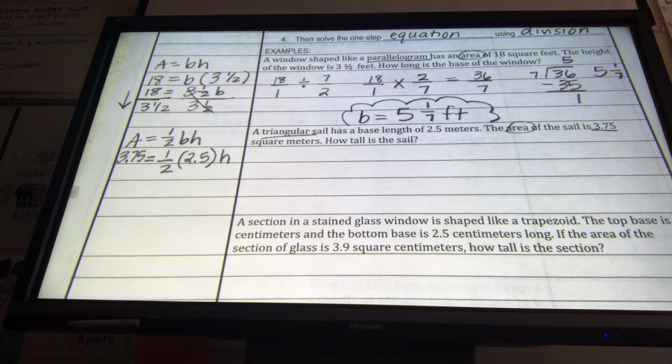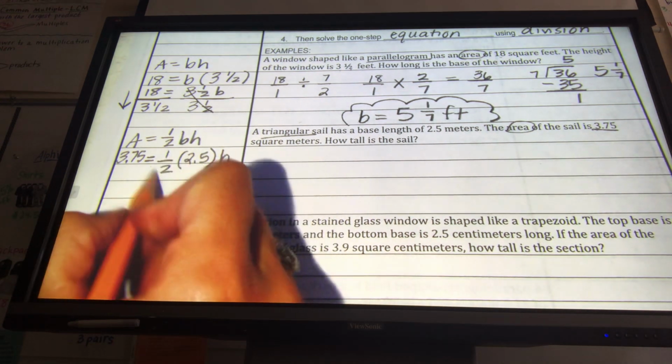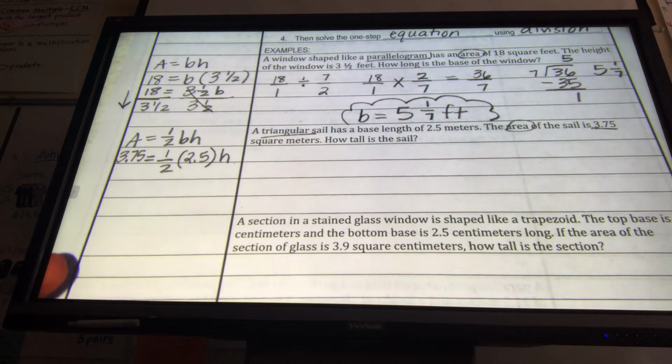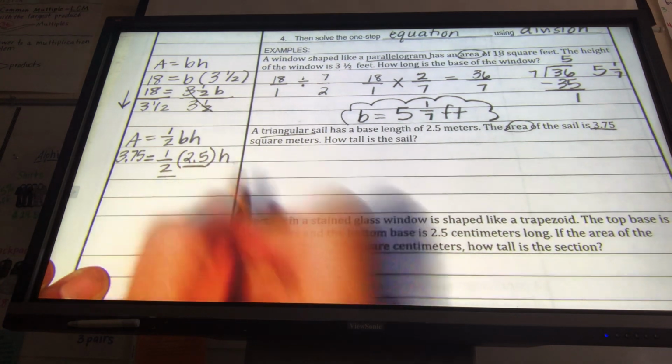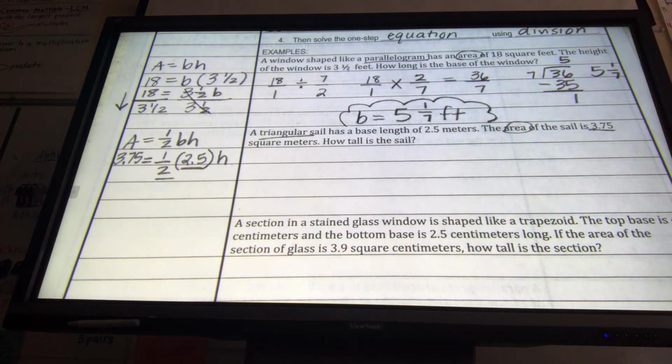All right, so for this problem, you want to do any math that's on the same side as the variable. Any math, okay? So that means we're going to do half of 2.5. Now, mentally halving 2.5 is going to be a little bit more difficult. So remember, I can multiply by 0.5.